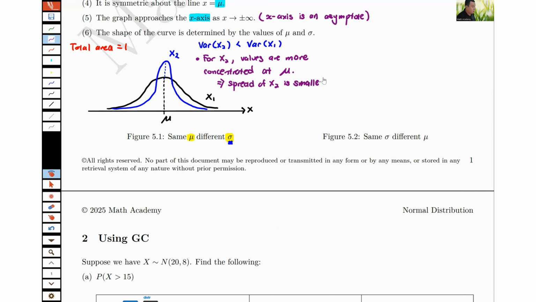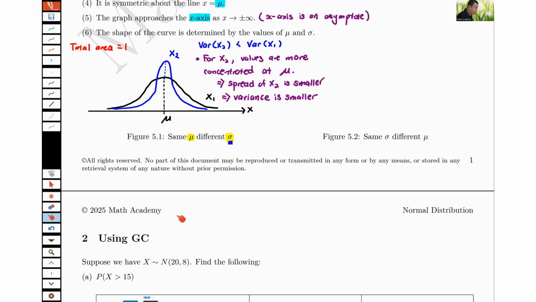Spread refers to how spread out your x values are. Are your x values in the middle or at the ends? Because it's concentrated in the middle, they are not spread out. If it's not spread out, the spread is small. And spread is linked to the word variance. The concept of variance is how spread out your values are. If they are all in the middle, the variance is smaller. And so we have this conclusion that variance of x2 is smaller than variance of x1.